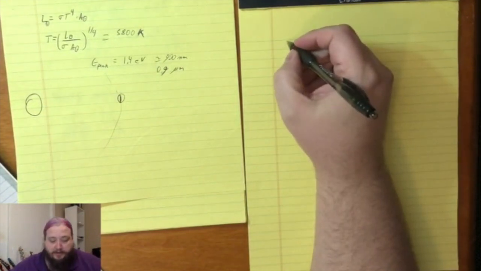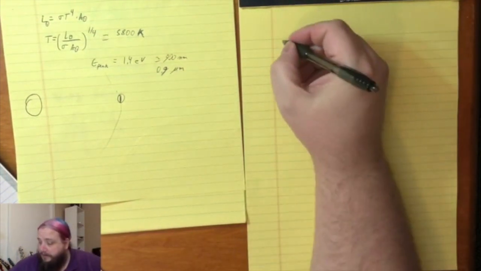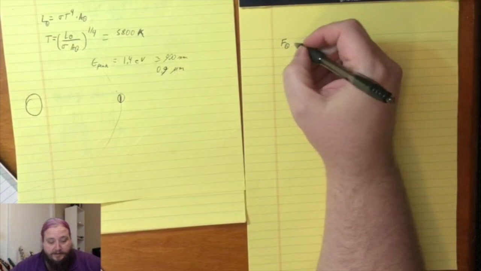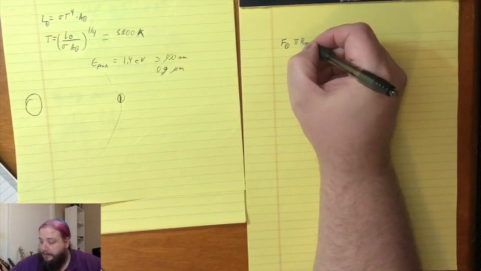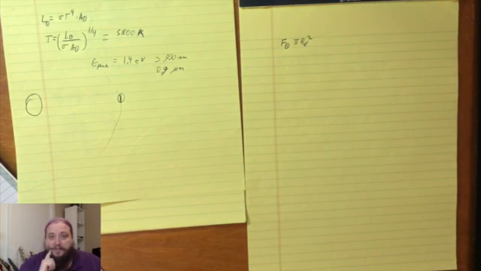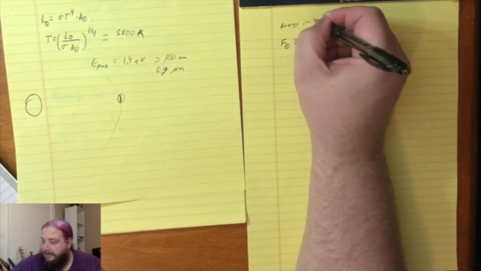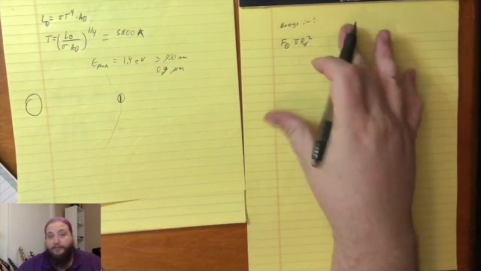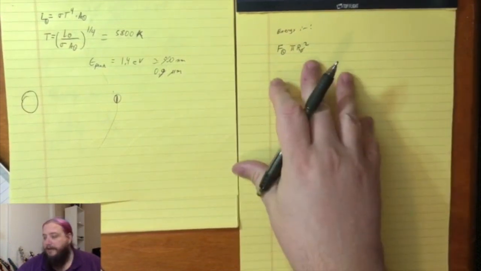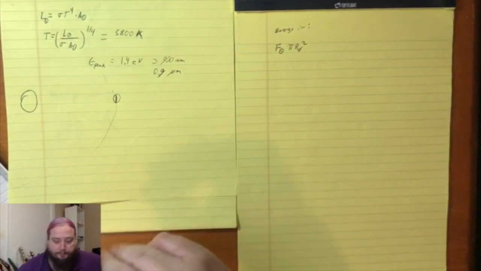If we approximate the Earth as having a circular cross-section, then we take the solar constant, multiply it by the cross-sectional area of the Earth, pi radius of the Earth squared, right? That's the energy in. That's the energy from the sun that's absorbed by the Earth if we approximate the Earth as a black body absorbing everything.